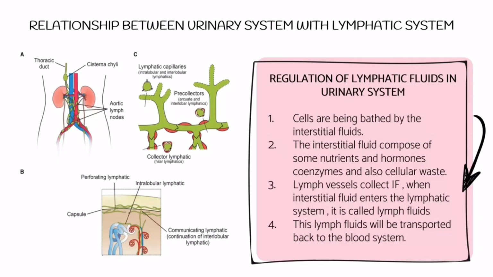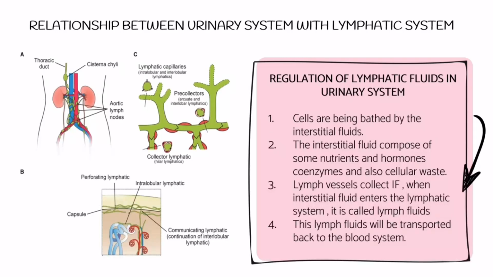Once the interstitial fluid enters the lymphatic system, it is no longer called interstitial fluid, but it is called lymphatic fluid. Lymphatic fluid may contain some nutrients and also cellular waste because it has small openings that allow the nutrients and the waste to enter through the lymphatic vessels.